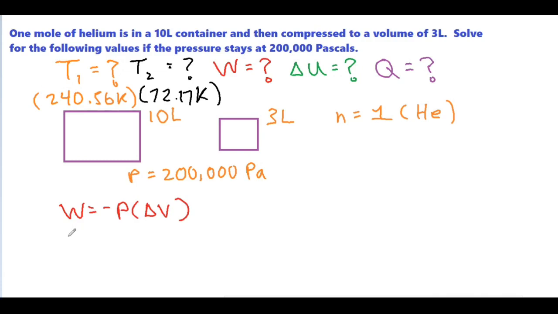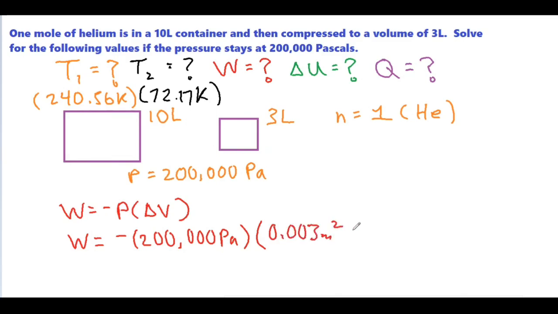Now we have work equal to the pressure. We know the pressure is 200,000 pascals. And we have a delta V. Remember, we did some conversions to change these, but it's always the final minus the initial.